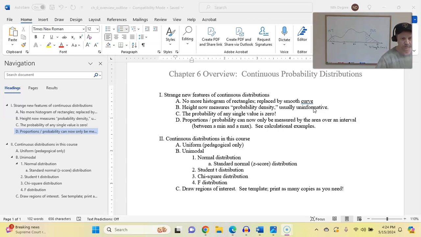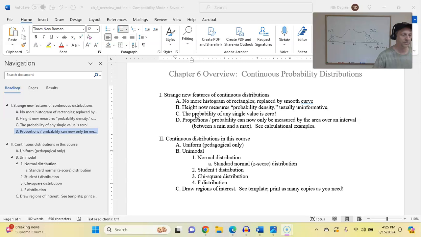It won't really mean much to us. It's kind of beyond our intuition to understand what it is. So we will actually work with it in one example today. But for the most part, the height of a continuous curve is now essentially meaningless. And we really have to start getting accustomed to thinking in terms of areas instead of heights.